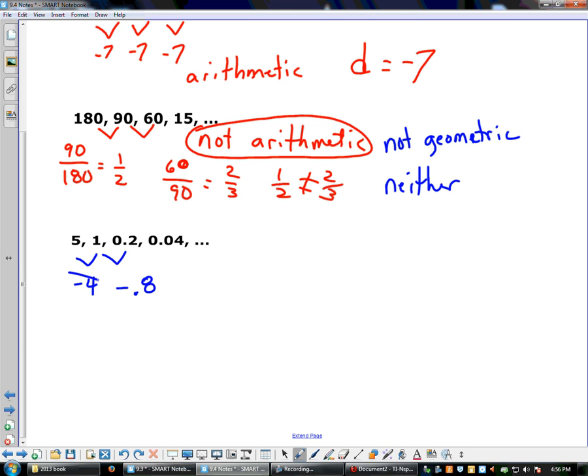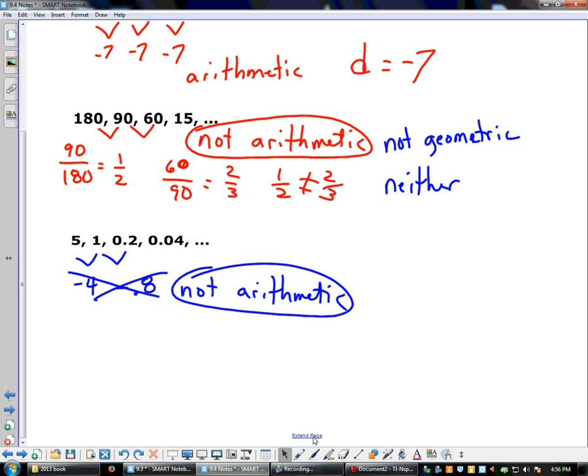Well, that's not equal, so it's not arithmetic. There's no common difference. So let's test to see whether it's geometric. If I take 1 divided by 5, I'm wondering, is that the same as 0.2 divided by 1? And is that the same as 0.04 divided by 0.2?